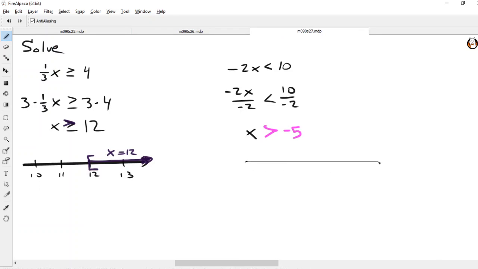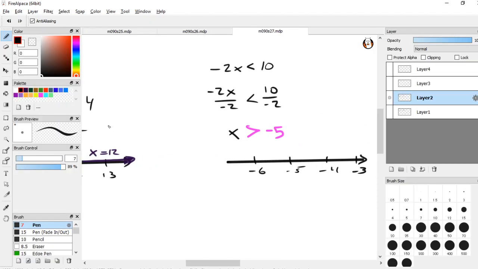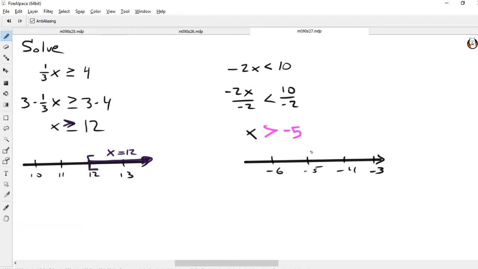So on a number line, go over to negative 5 and say, hey, here's x greater than negative 5. But because this is a strict inequality, x can't be negative 5.